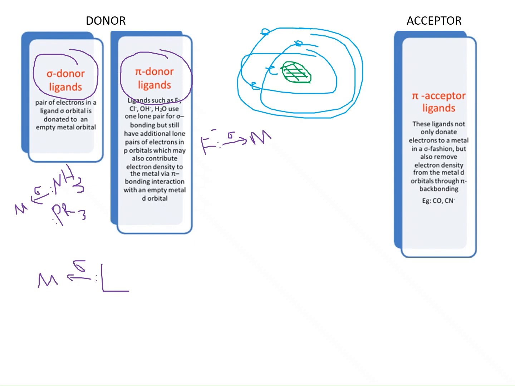So please recall the Lewis acid and Lewis base concept. The Lewis acid and Lewis base defines an acid as a species that accepts electrons. So it doesn't matter whether that species is a metal or a non-metal.